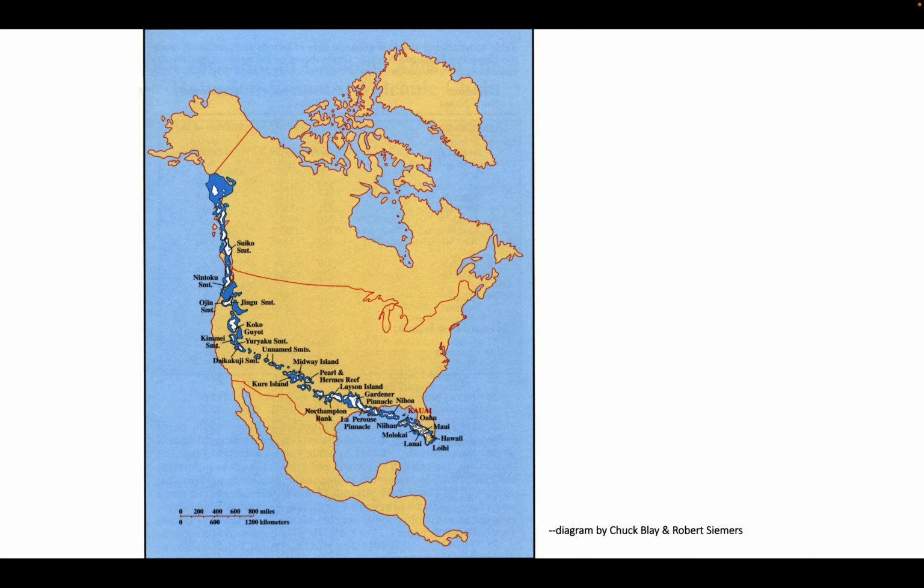The amount of lava erupted to form the Hawaiian Emperor chain is calculated to be at least 750,000 cubic kilometers, more than enough to blanket the entire state of California with a layer of lava roughly 1.5 kilometers thick.